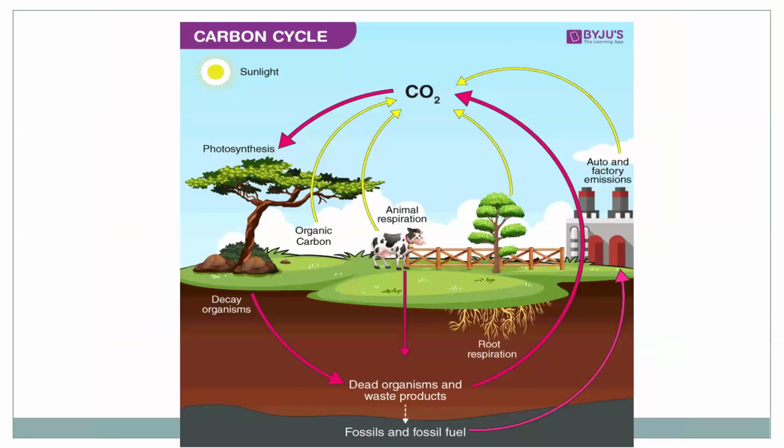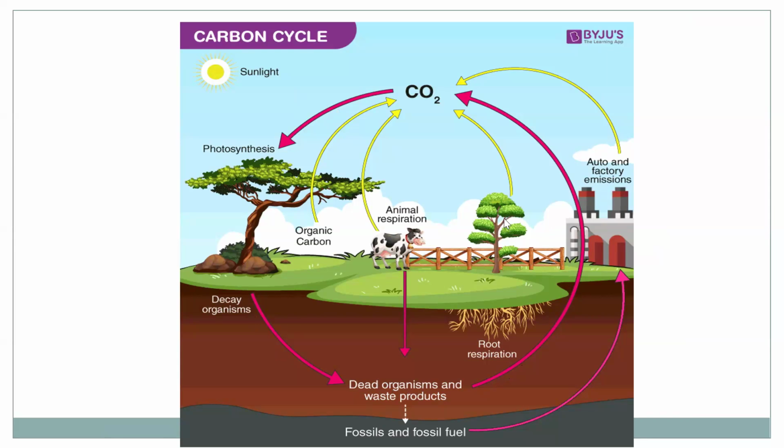Now there is a carbon cycle. Decay, sunlight, photosynthesis: emit oxygen, absorb carbon dioxide. That is shown in this red arrow, photosynthesis. Then others contribute: decay of dead organisms and waste products contribute to carbon dioxide.